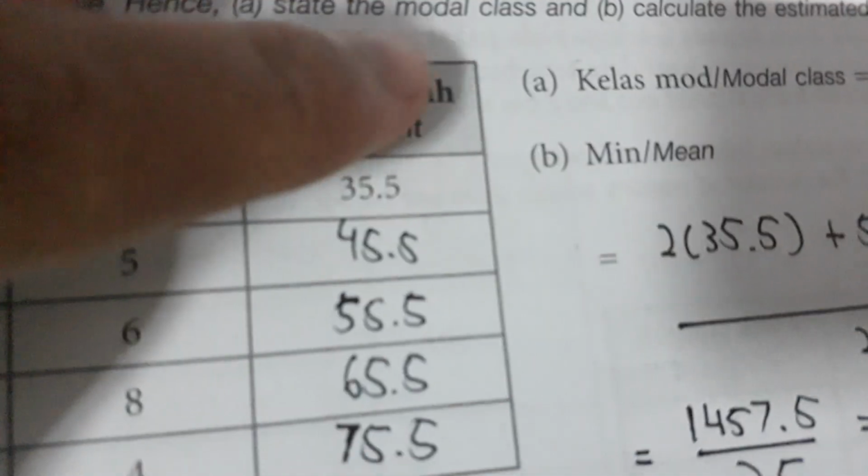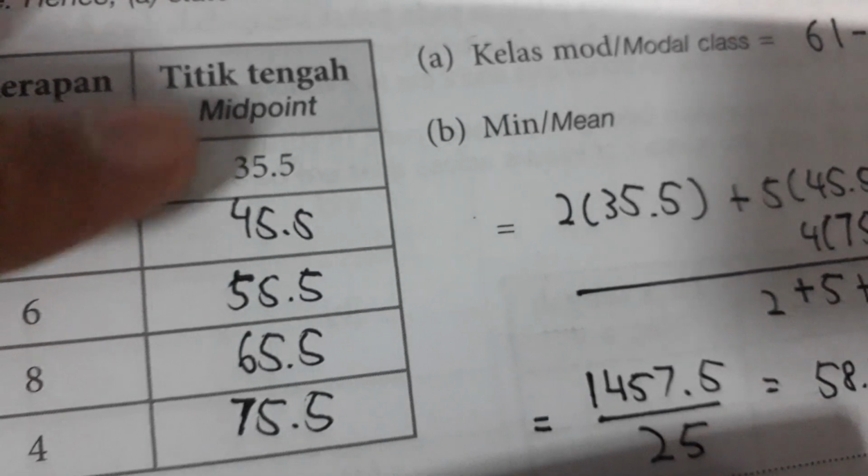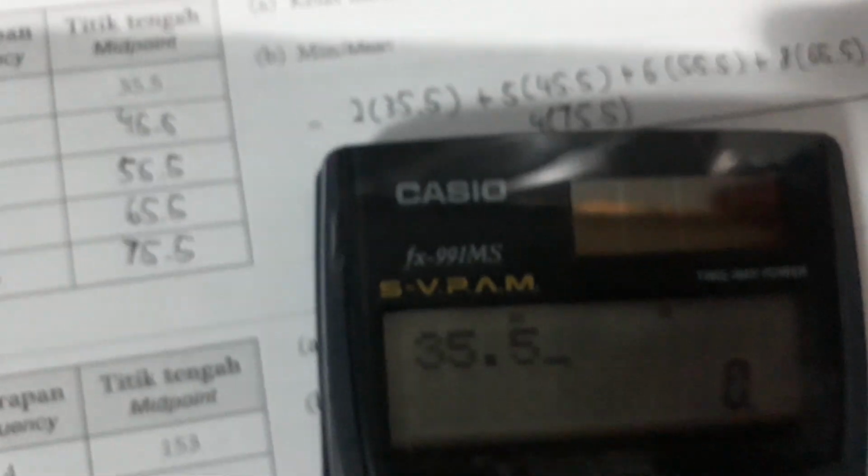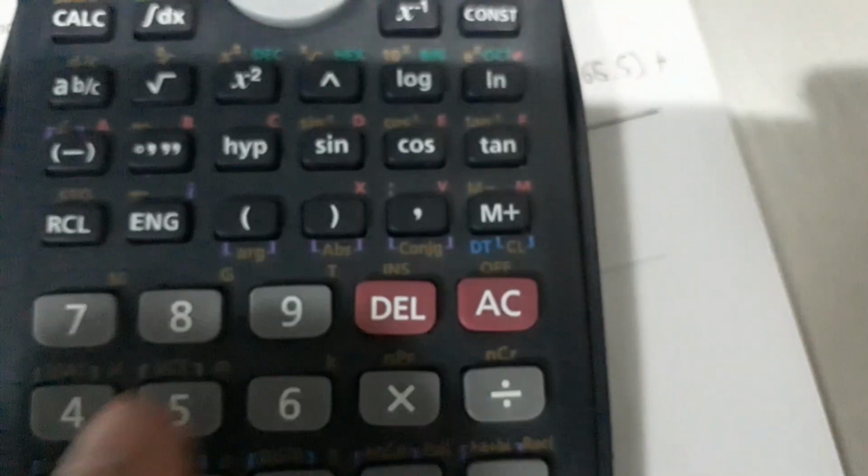So to start off, you insert the first midpoint inside the calculator. The first midpoint is 35.5. Now you want to add the frequency, but before you add the frequency, you need to press shift and then press this small button here, and then you get this symbol.